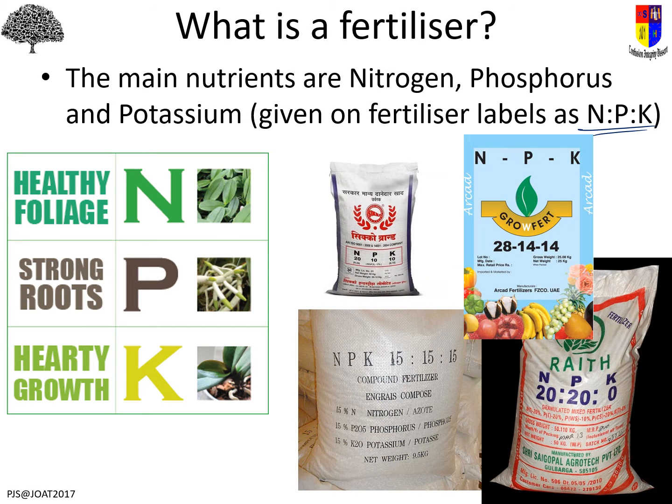So what you get in fertilisers is this ratio written in terms of NPK: how much nitrogen to how much phosphorus to how much potassium. You'll notice that in this one there's 0 potassium. You should think this through: you would use this one where you had a soil that was already rich in potassium, or with plants that were not that needy of it, because you only want to put in what you need.